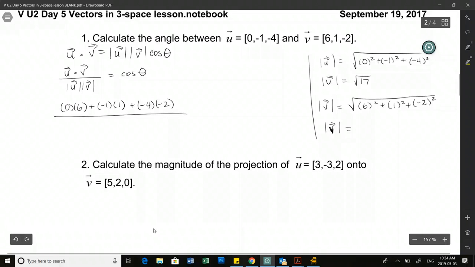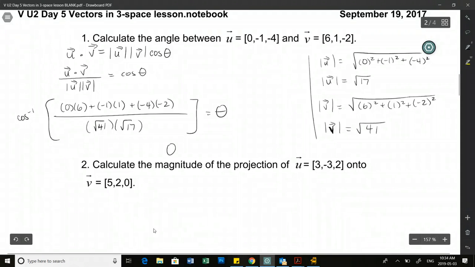Okay, so 36, 1, and 4 is 41. So we're doing root 41 times root 17, and I want to take the cos inverse of this whole thing. You can simplify it first before you take the cos inverse if you want.